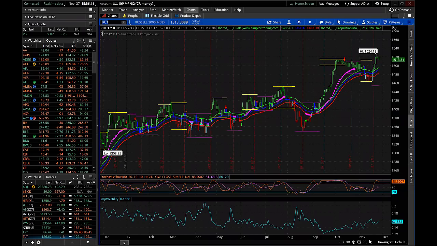There is no one holy grail indicator, but you don't need 50 indicators, right? This one is worth its weight in gold because it can tell you things at a glance that you'd have to dig for otherwise, right?